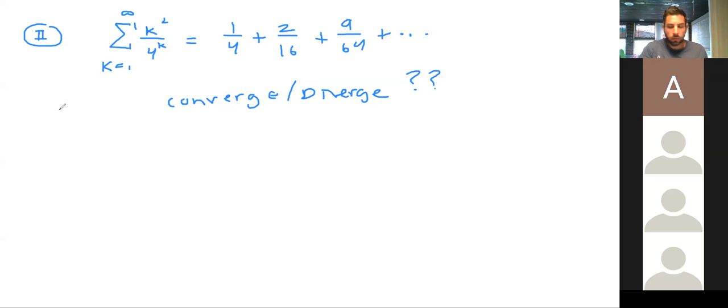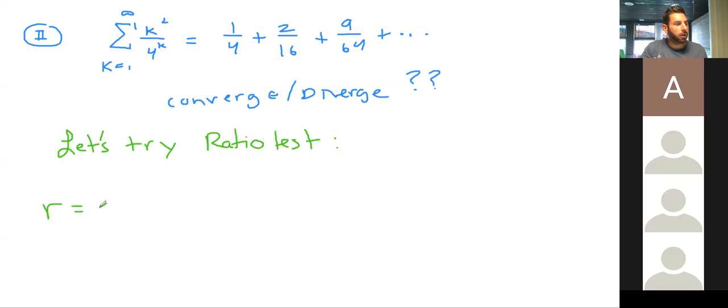So let's compute. What I want to do is try the ratio test. This time I'm going to skip some steps, and what you'll learn is if you do a few of these, you don't have to write everything out because the same sort of pattern happens each time.